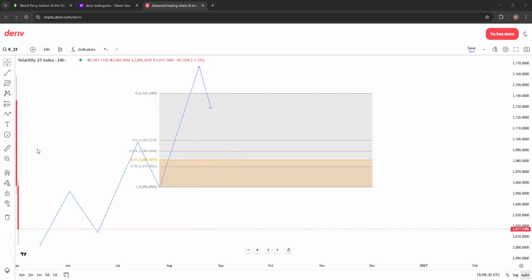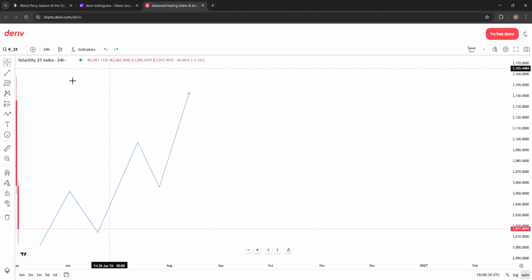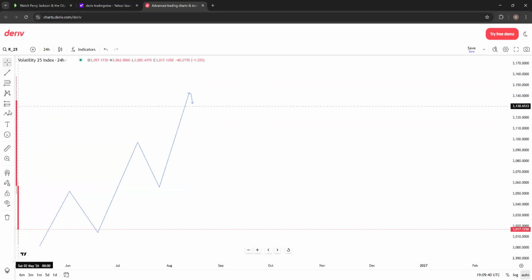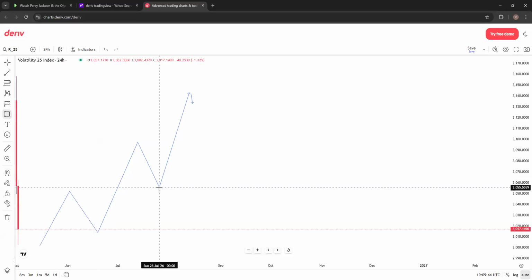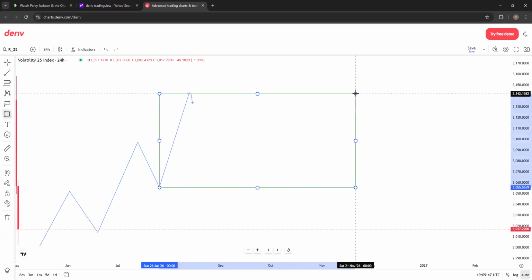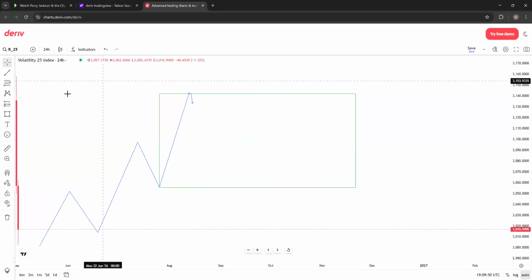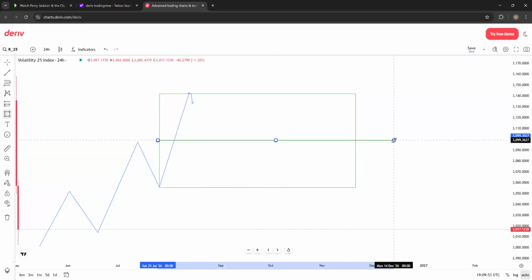And again, what we said about the fib, once we get a clear high and a clear low, the first thing we want to do is mark the high and the low, and this is going to be an area which separates our premium and our discount level.